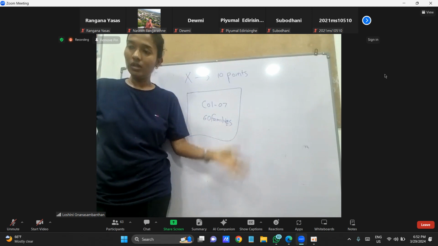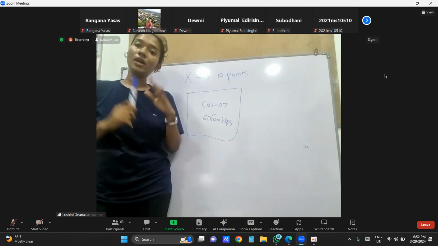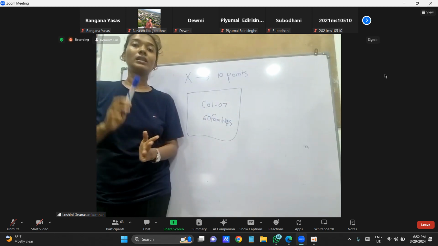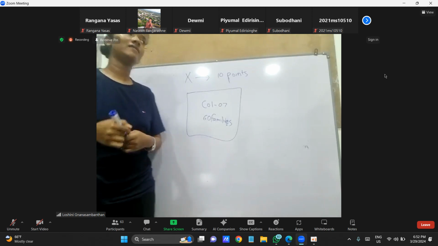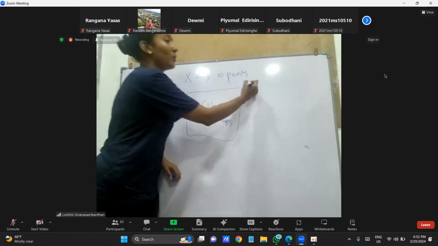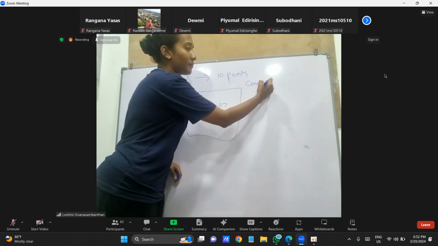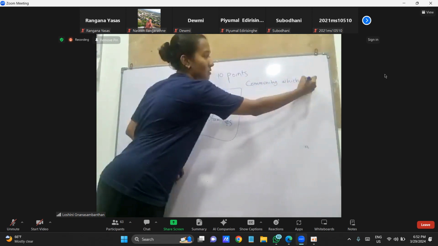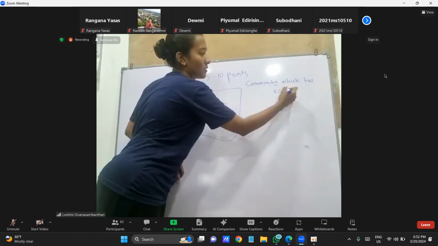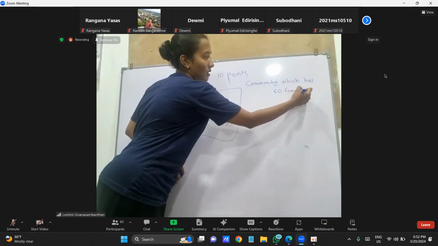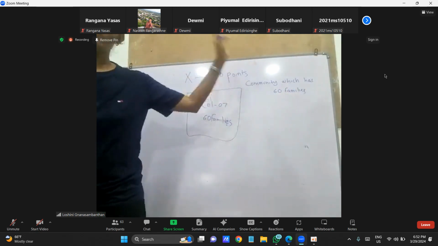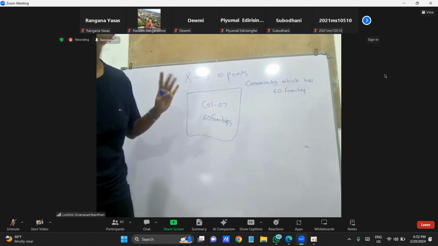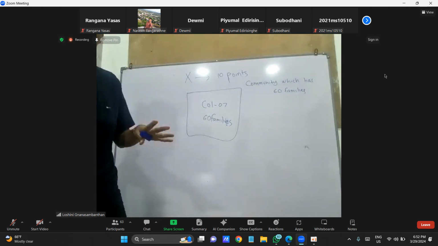Now, this whole table represents the population, not the sample, because our study is about the community which has 60 families. Then you have taken the information of all the 60 families also. So this is not a sample, this is the population, right?